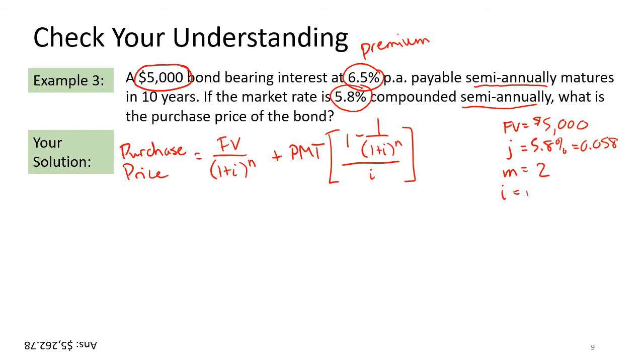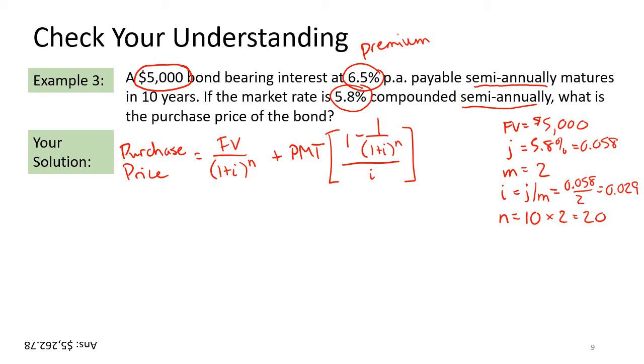So our periodic rate of interest, I, is J divided by M, or 0.058 divided by 2, which gives us 0.029. Our last item we can calculate here is N. This is the number of payment periods. Okay, so the bond is 10 years, and your payments are semi-annually. So 10 times 2 means you'd have 20 interest payments total.